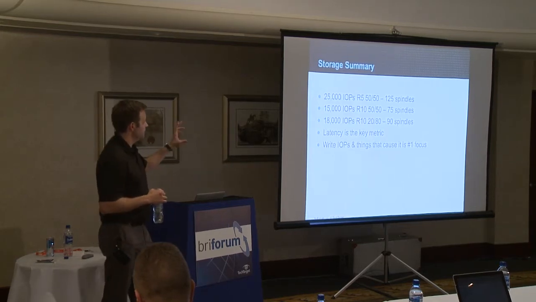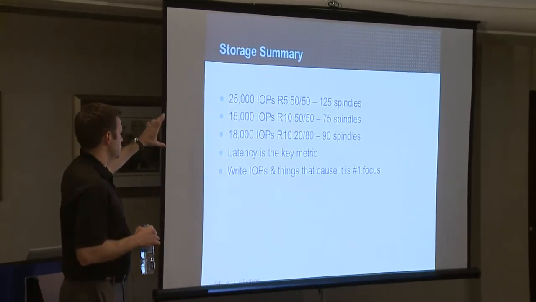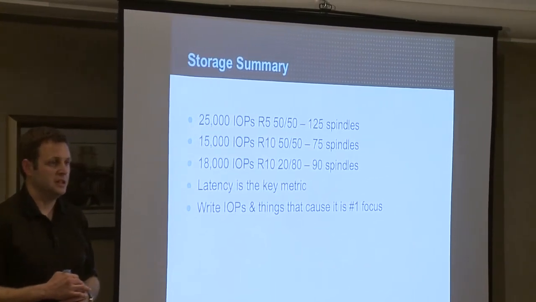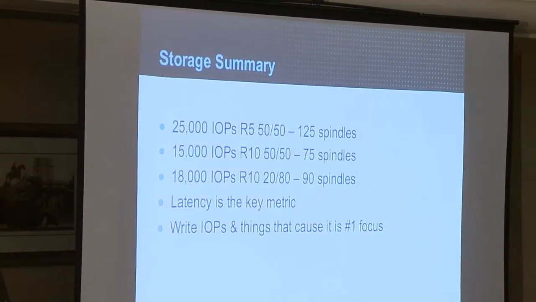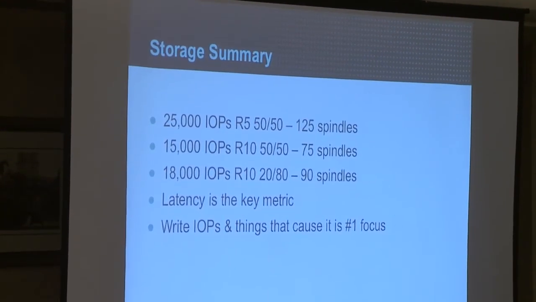So, a summary here as we talk about storage. You can see the difference in tweaking the RAID type we're using and tweaking the read-write ratios we're using. It significantly impacts the amount of spinning disk that you require in your environment. Latency really is the key metric.